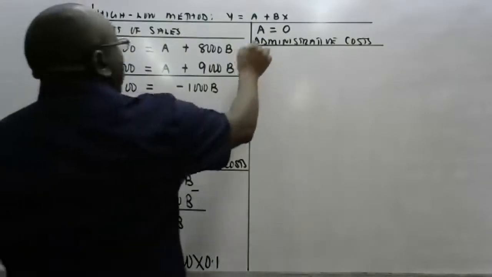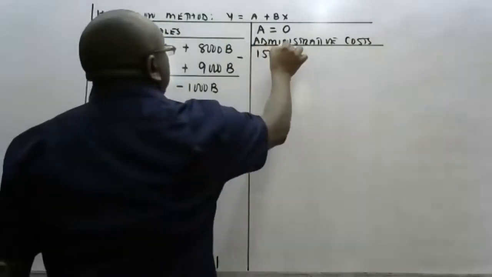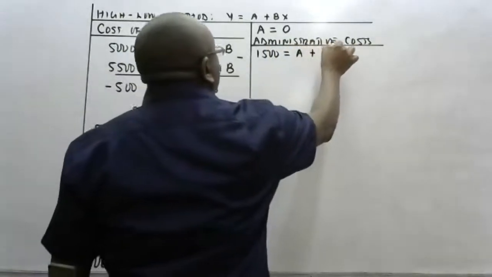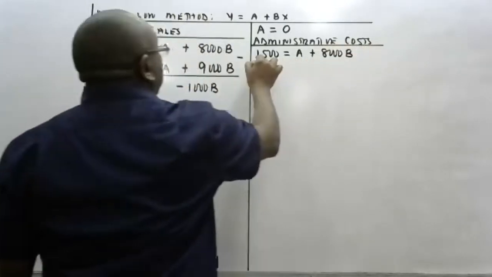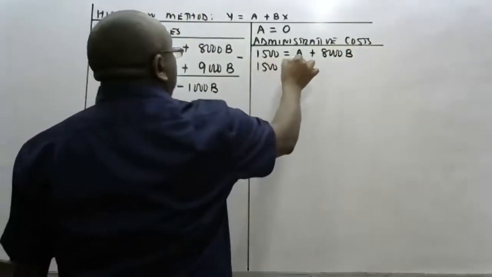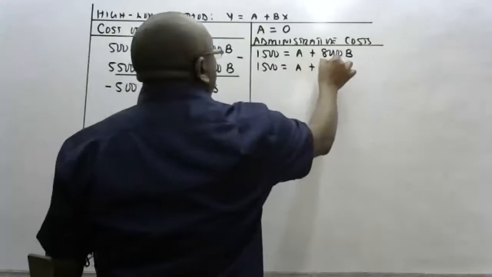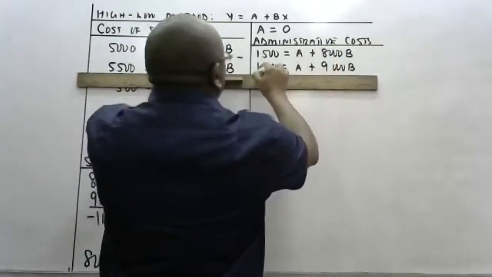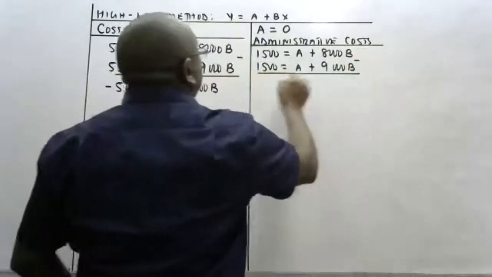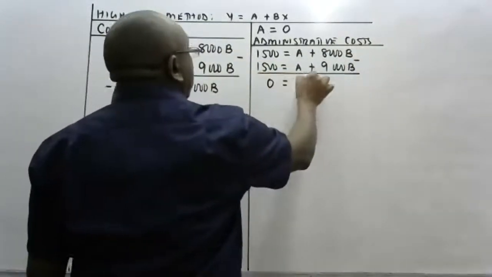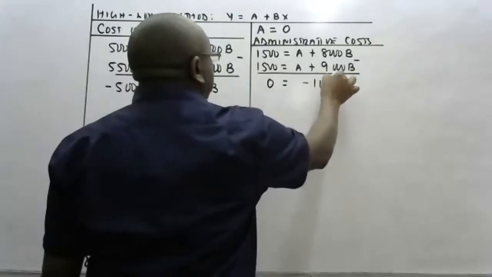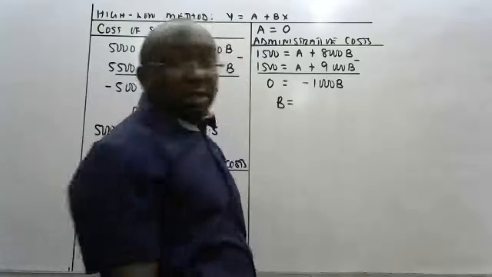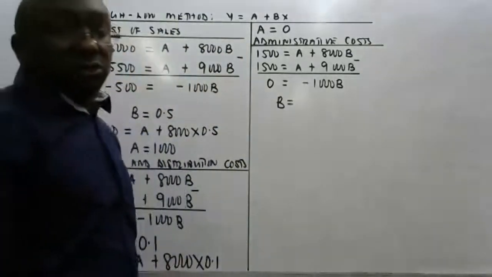Same 1,500 is equals to A plus 8,000 B. 1,500 is equals to A plus 9,000 B. So when you subtract, this is 0 being equal to minus 1,000 B. And tell me B should be equal to what? 0. Good.